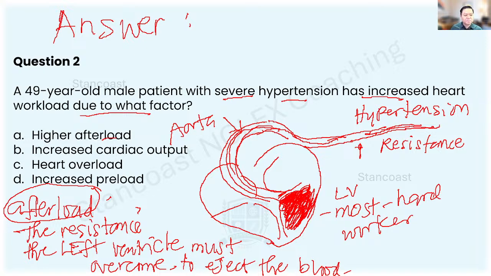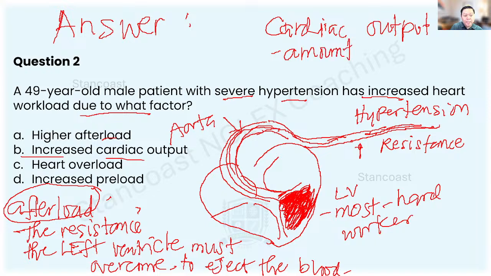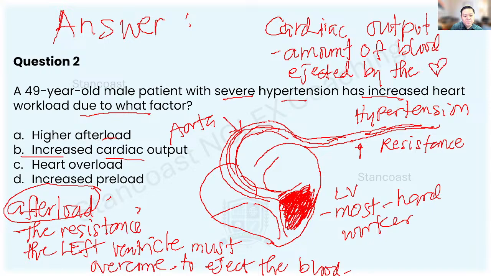Okay? Now let's move forward to letter B. What is B? Increased cardiac output. Well, the cardiac output by definition, is the amount of blood which is ejected by the heart every minute.